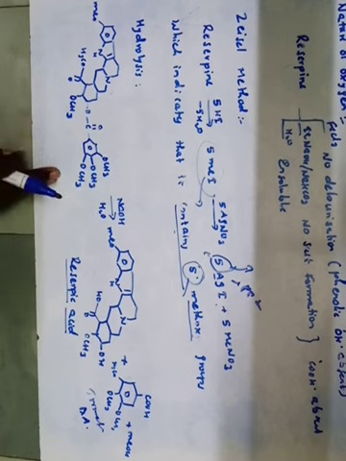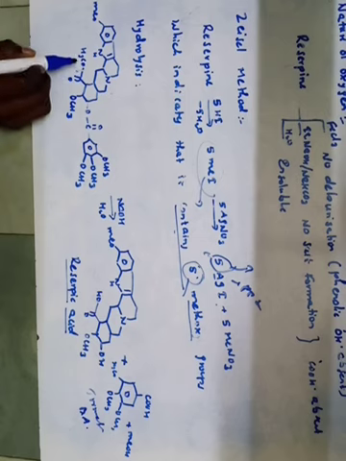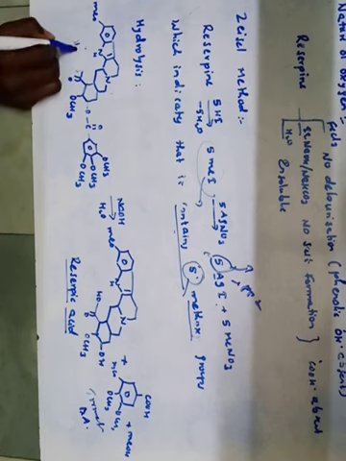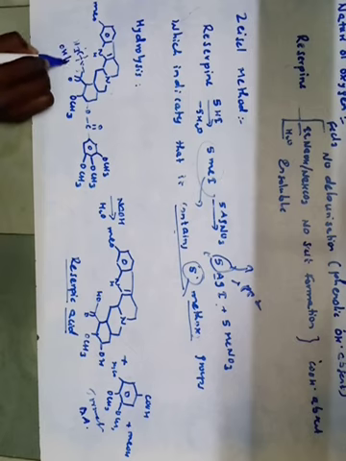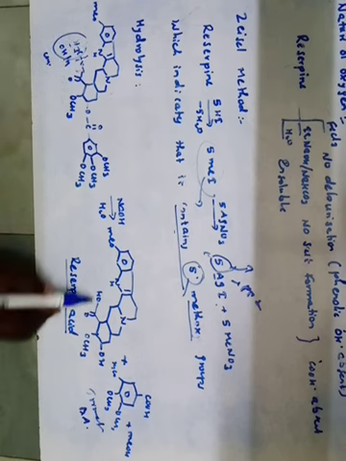Here I will write it like this, I have to break the bond. Here CH3O will be there, and I will break this bond and undergo hydrolysis, that is, HO and OH. The H and CH3 and OH will be combined as CH3OH, and this will be combined as an OH group.